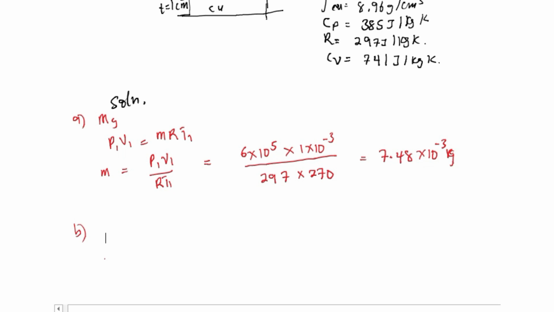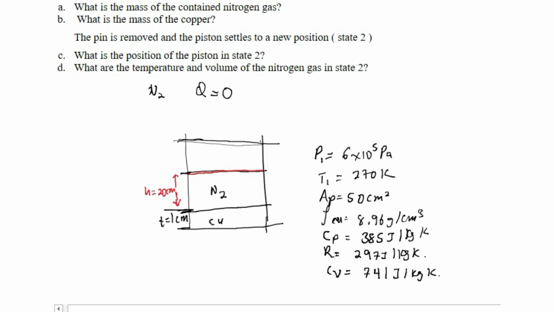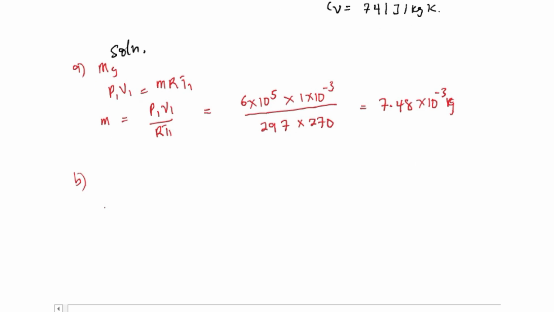Now the B part, we are asked to find the mass of the copper block. So now to find the mass of the copper block, the information given on copper, we are given thickness t to be 1 centimeter, which is equivalent to 0.01 meter. The surface area of the copper is equal to the area of the piston, which is 50 centimeter squared, equivalent to 5 exponent minus 3 meter squared.